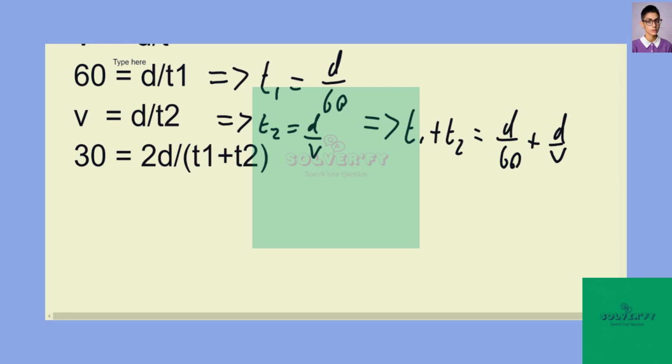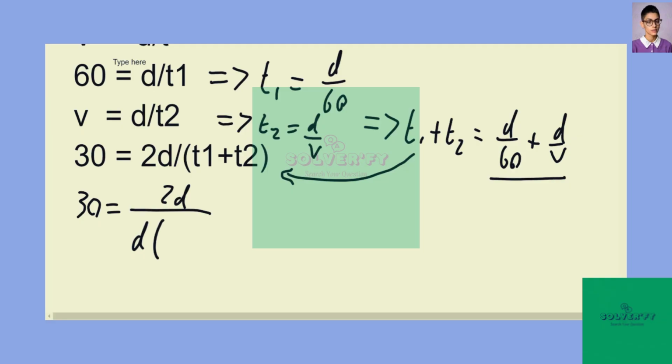Well, now we know what t1 plus t2 is, and we can plug it in right here. So we get that 30 is equal to 2d over, and we can bring a d out from these two terms to get d times 1 over 60 plus 1 over v.